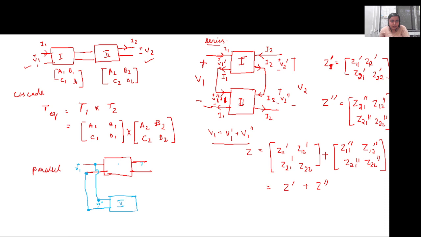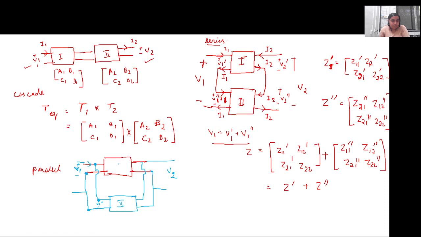Similarly, in this case, port 2 will be connected in this fashion, such that the net voltage that we have here is V2, and the net voltage that we have here is V1.